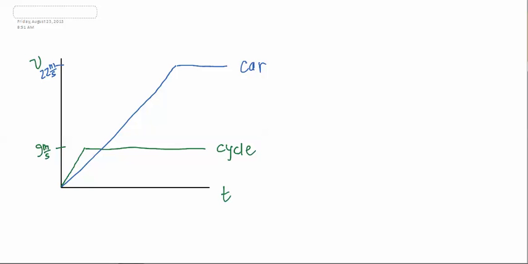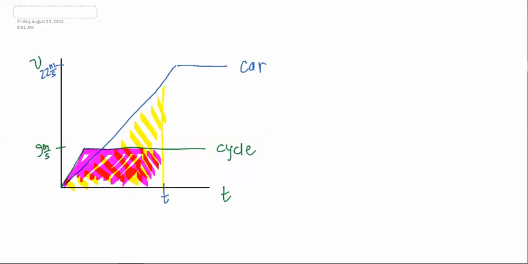So for the cycle, when will the area under this green graph be the same as the area under the blue line? Okay, so I'm going to go all the way down. So when will those areas be the same is what we're looking for. So we're looking for this time, t.